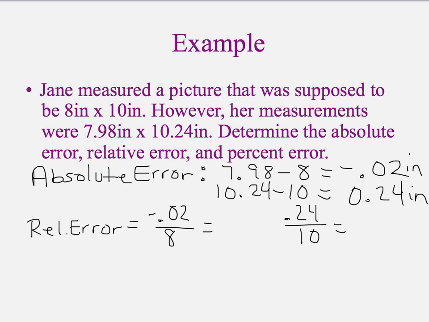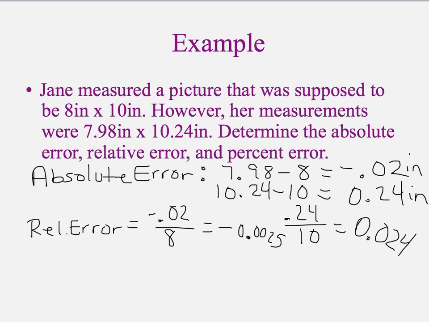So negative 0.02 divided by 8 is negative 0.0025, and 0.24 divided by 10 is 0.024.